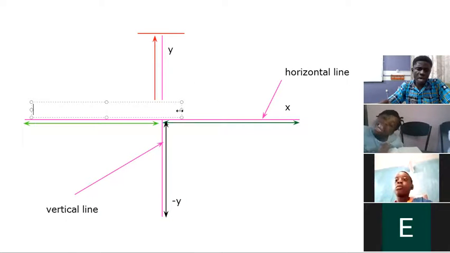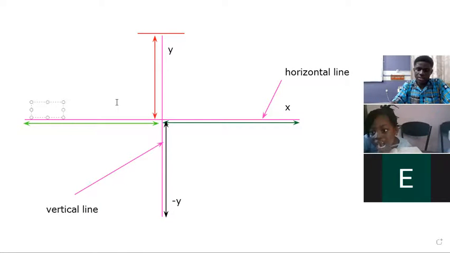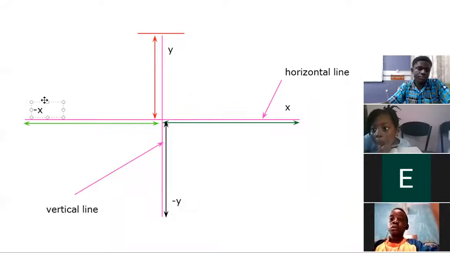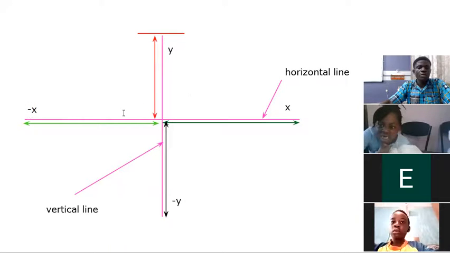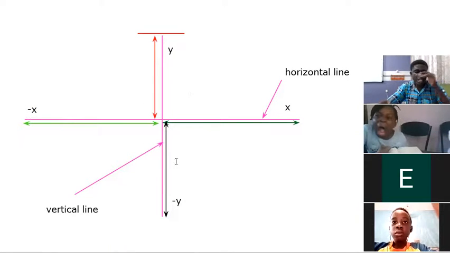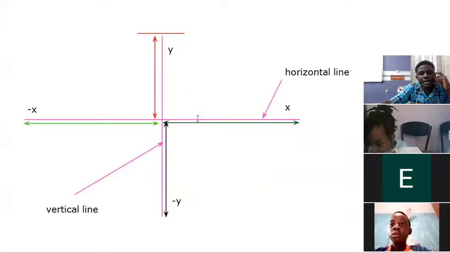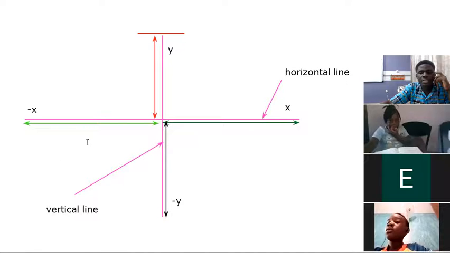We are going to call that part of the line negative X. Right, so this is what we have. So draw everything you see over there exactly like it is here and label it.